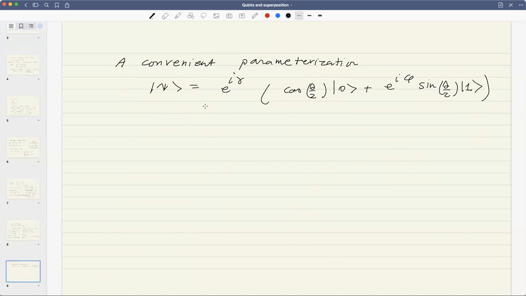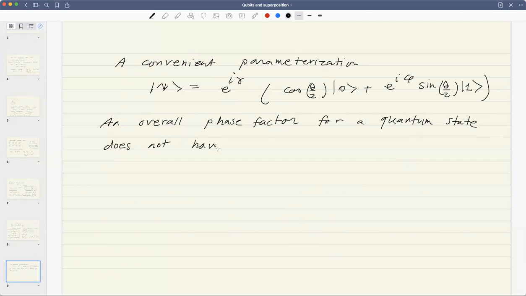It turns out that an overall phase factor for a quantum state does not have important observable effects.